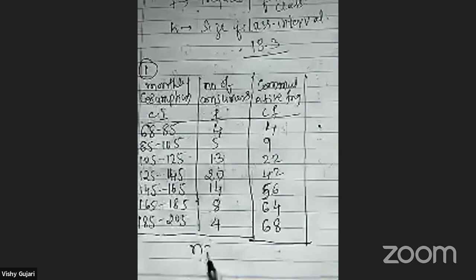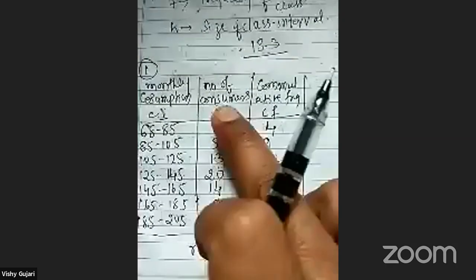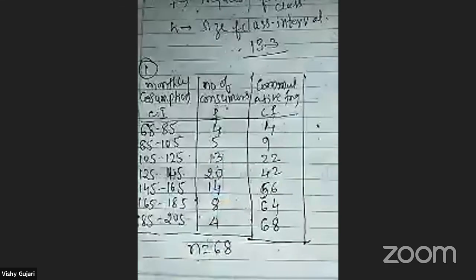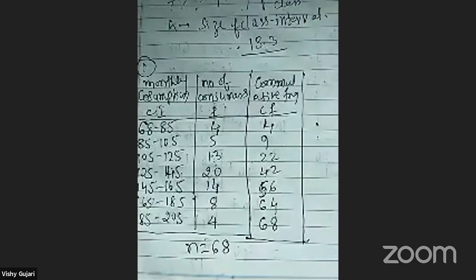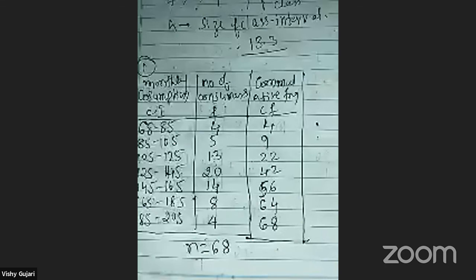N is equal to 68, that is the sum of frequencies. In the problem he has also given 68 consumers.